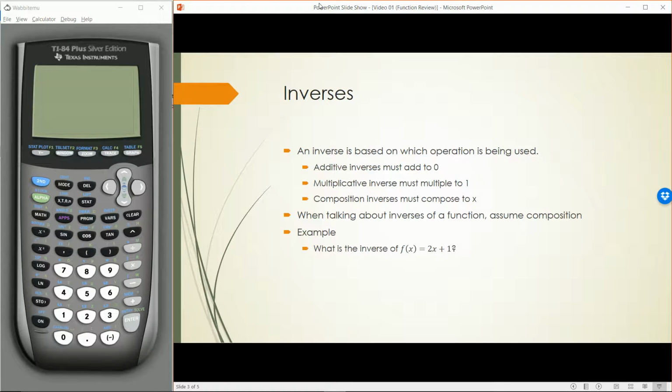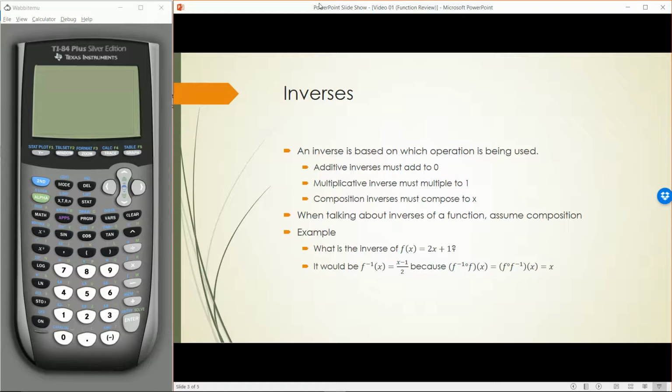So let's take a look at an example. If we have the function f of x equals 2x plus 1, well, the first thing it does to our function is multiply by 2, and the second thing is add 1. To counter that, we have to go in the opposite direction, doing the opposite thing. So we'll want to subtract 1 and then divide by 2, which gives us this function f inverse of x equals x minus 1, all divided by 2.